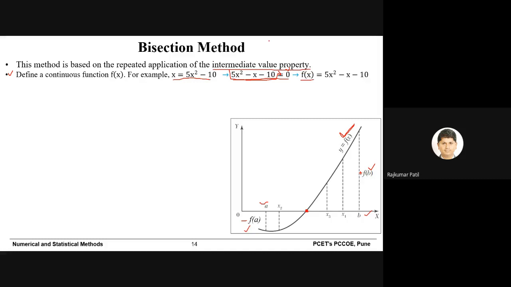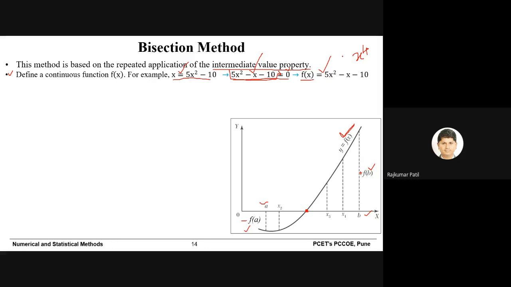In the exam, whenever a question is asked, the equation may be given in this form or in this form as well. Sometimes only a single term is given, that is x raised to 4.